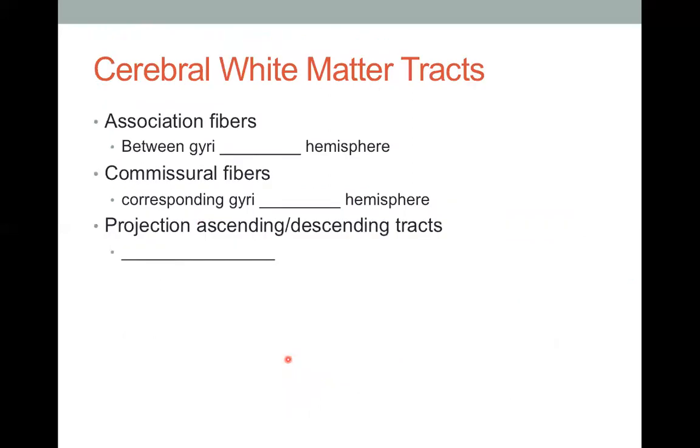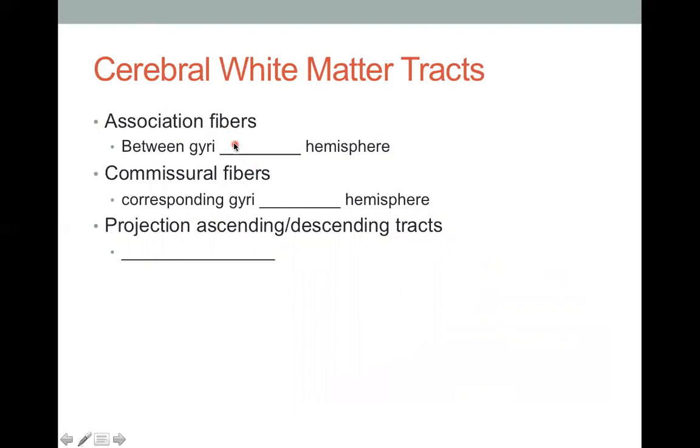All right. The cerebral white matter tracts are under the cortex, and they consist of myelinated axons, and these myelinated axons will run in three principal directions. So these directions are with association fibers, commissural fibers, and projection fibers. The projection fibers will form ascending and descending tracts.